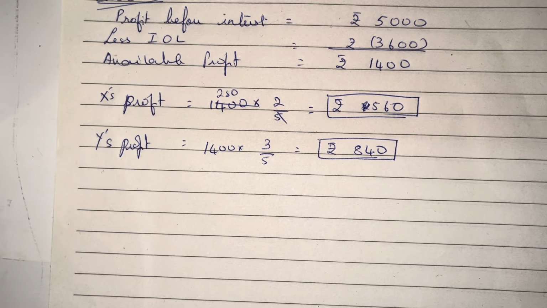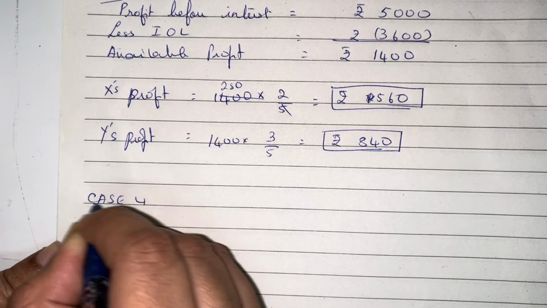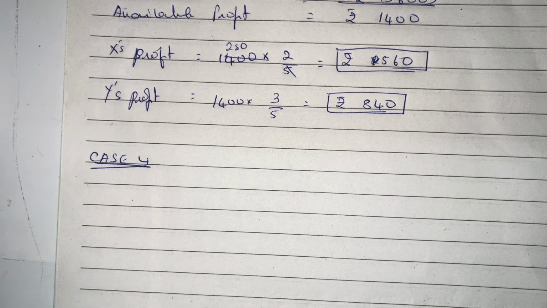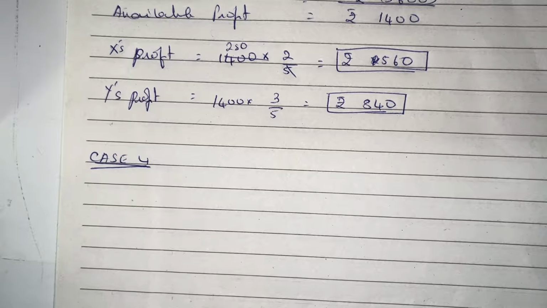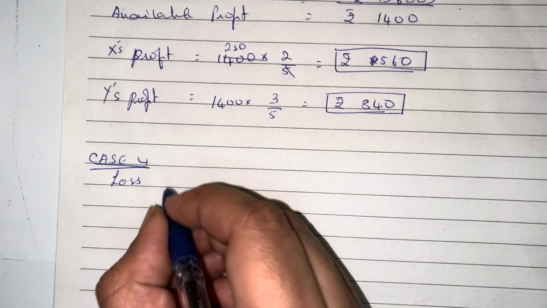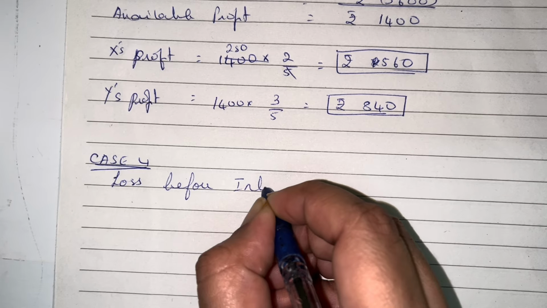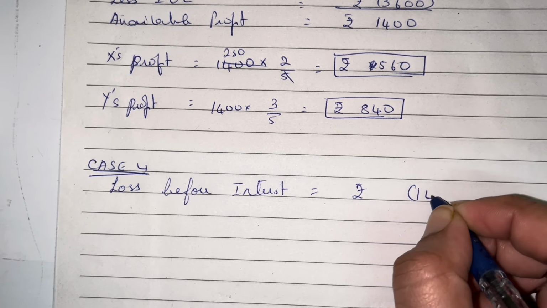Okay, now we'll go to case 4. Case 4 is if the loss before interest for the year amounted to 1,400. Now over here we don't have a profit, we have a loss. So let's write loss before interest is equal to rupees 1,400.